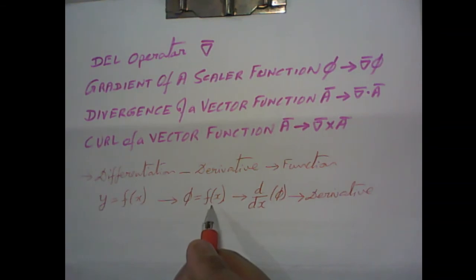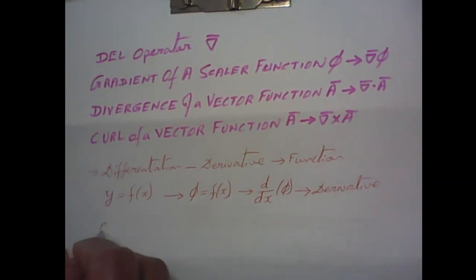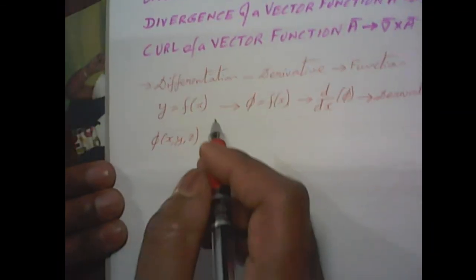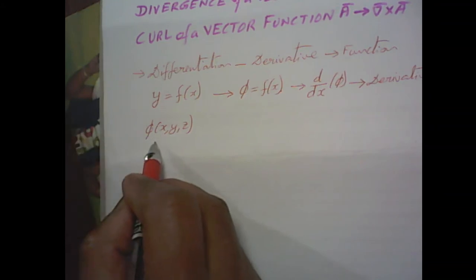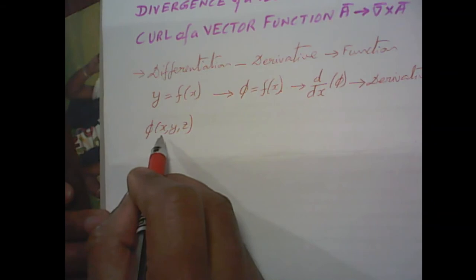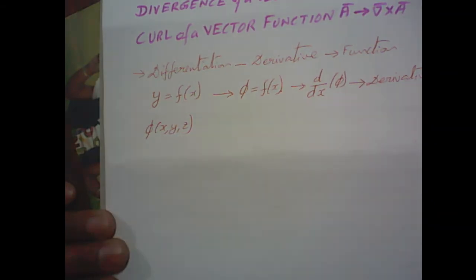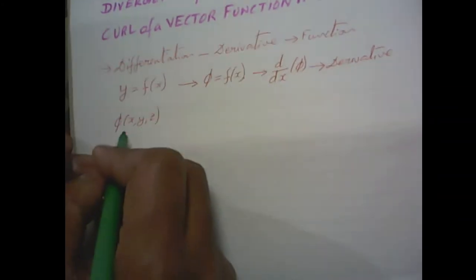In general, we can have functions which depend on all three coordinates x, y, z in Cartesian coordinates. Let us say that phi is a variable which depends upon all three coordinates x, y, and z. By now, all of you must have known the del operator.